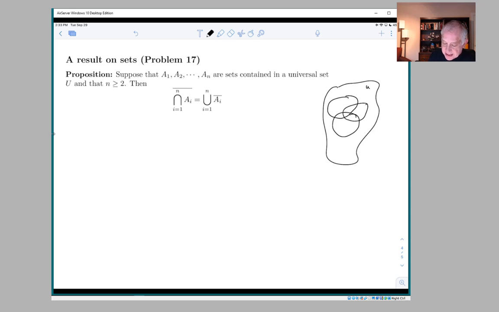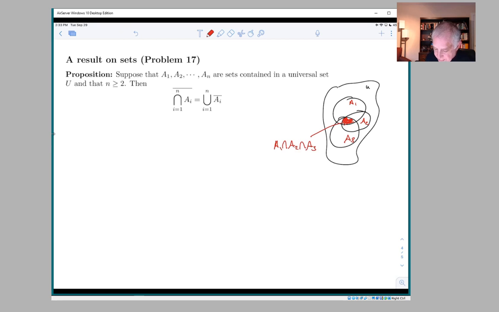And it's saying that if you take the intersection of all of them, which in this case is here, and you take its complement, which means, maybe I need a better, try again. So this is the region that we're interested in, this is the intersection, so here's A1, A2, A3, and this right here is A1 intersect A2 intersect A3.